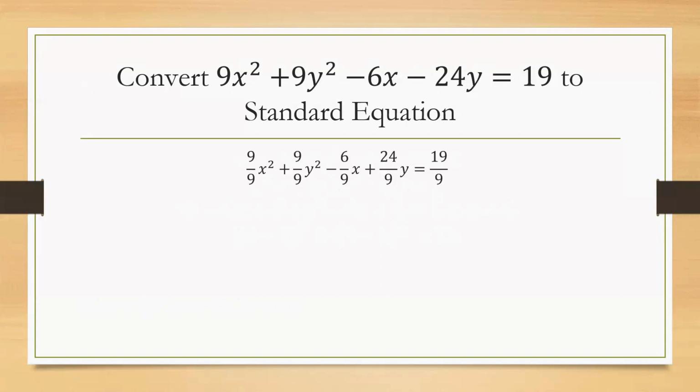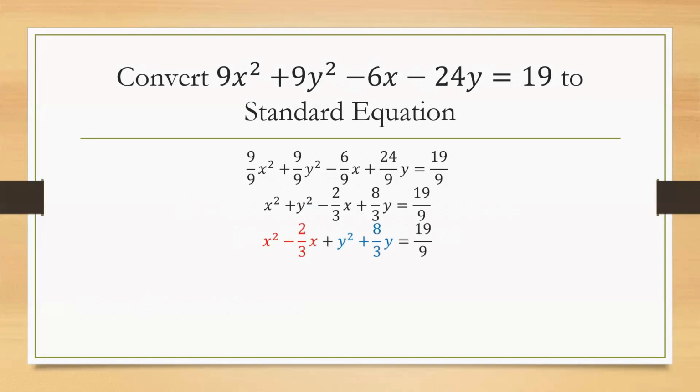To make our equation simpler, we simply have to factor out 9 from the equation. We can do that by dividing each term of our equation by 9. So if we do that, we get this. X squared plus y squared minus 2 over 3x plus 8 over 3y equals to 19 over 9.